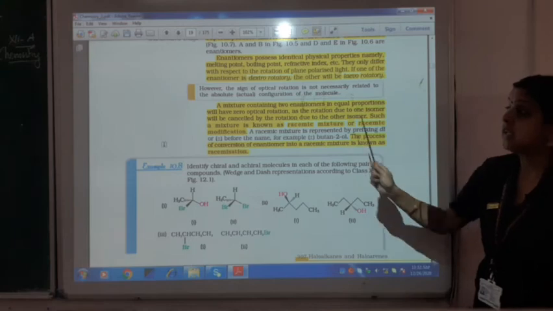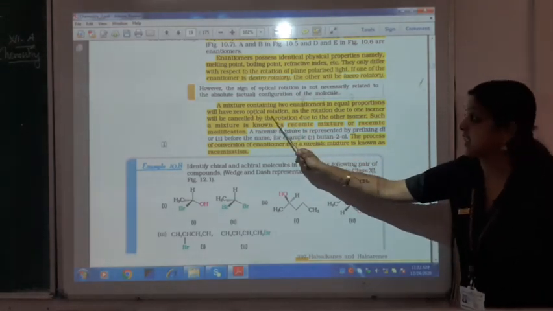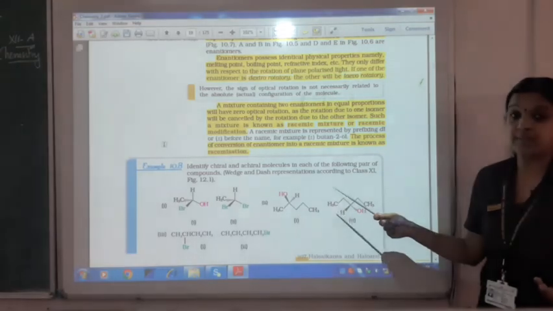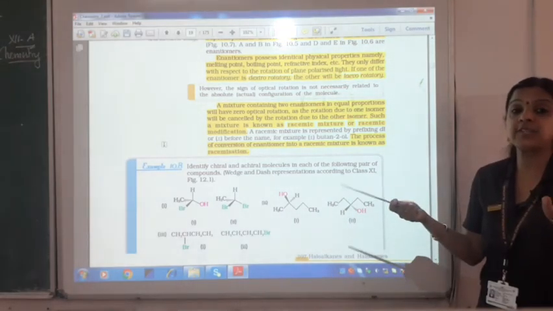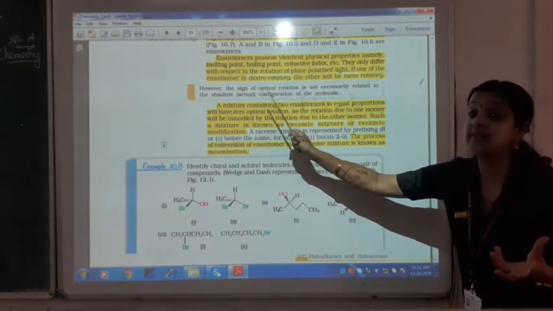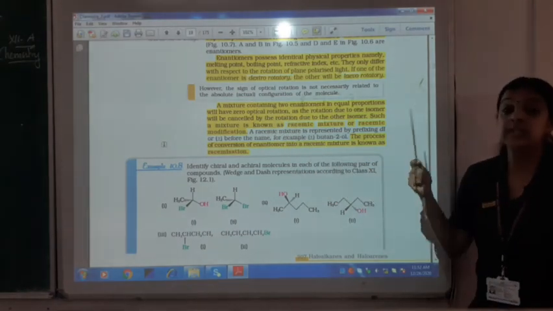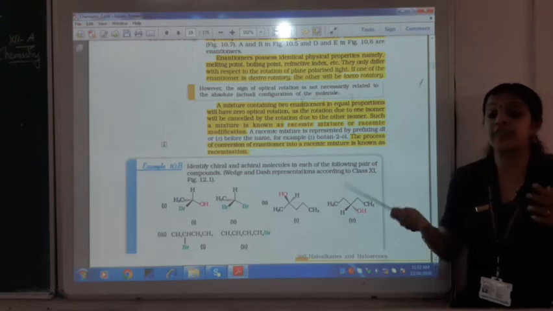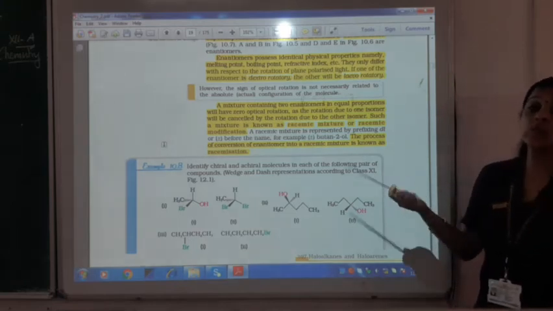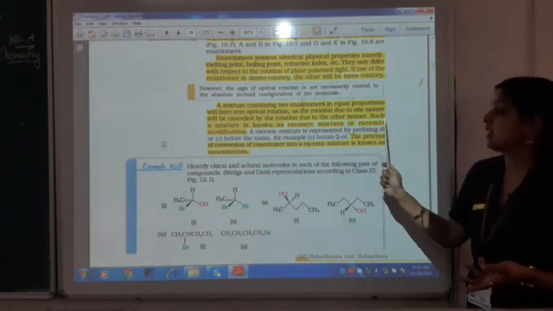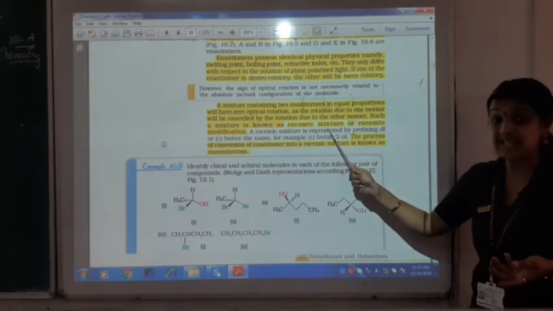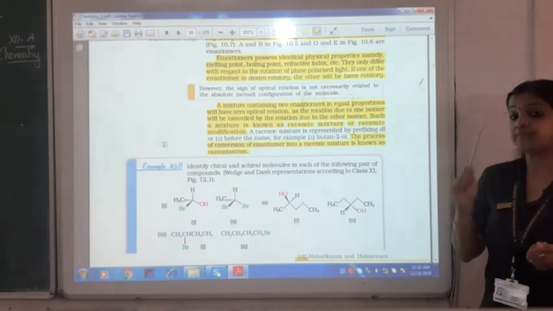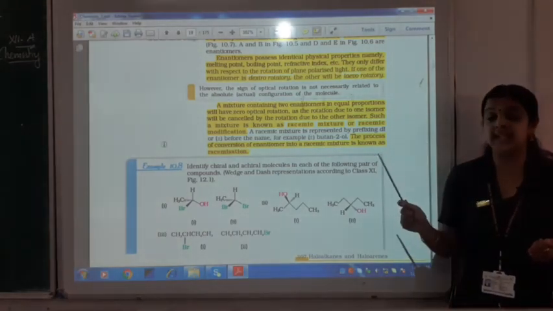A mixture which contains 2 enantiomers in the same proportion will have 0 optical rotation, which means the rotation of one will be cancelled by the rotation of the other. Such a mixture we call a racemic mixture, or a racemic modification. Very important, understand.